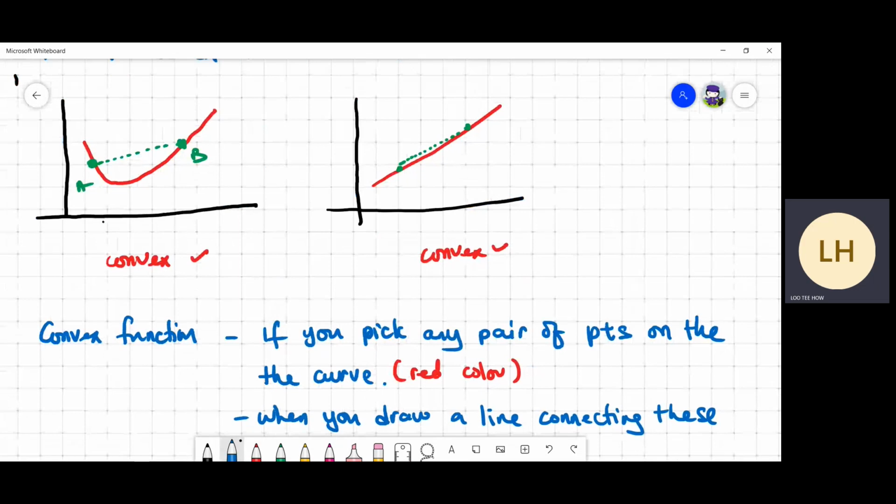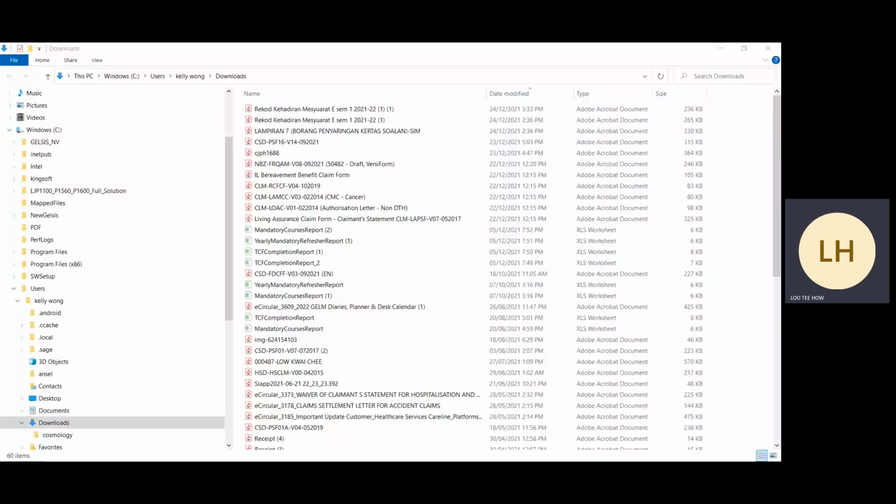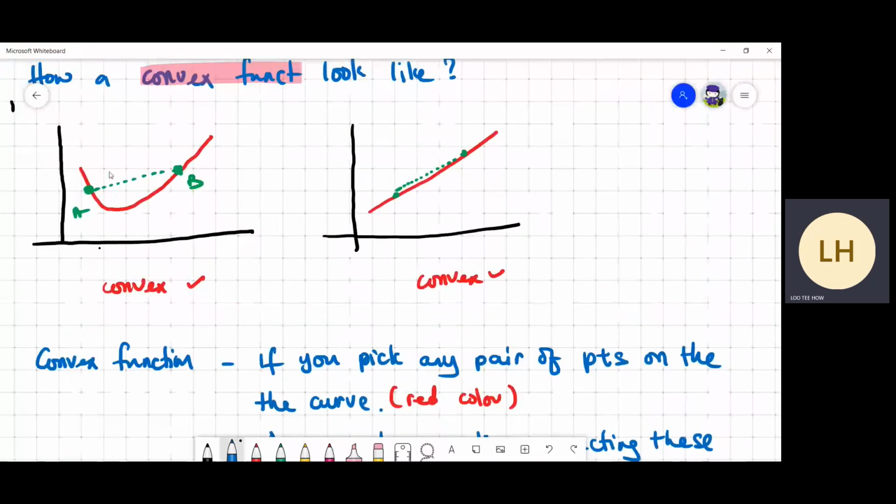Here I just demonstrate the idea. So this is the picture over here. The picture for a convex function must always look like this.